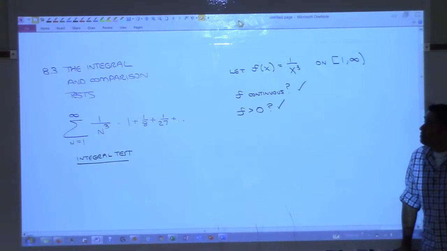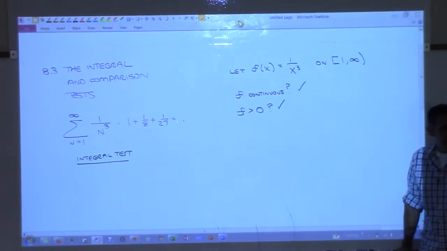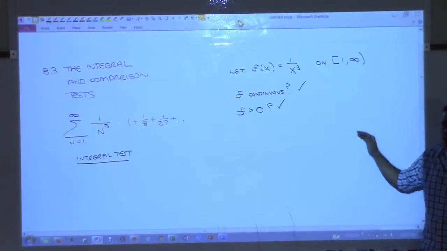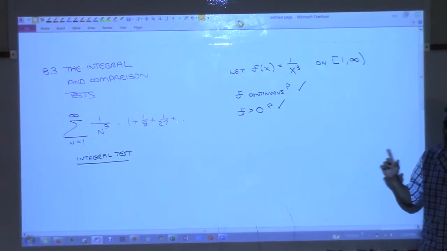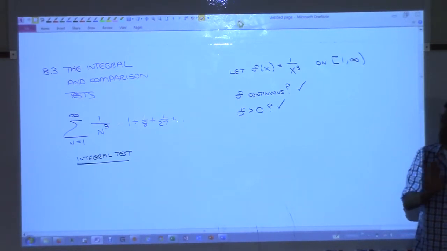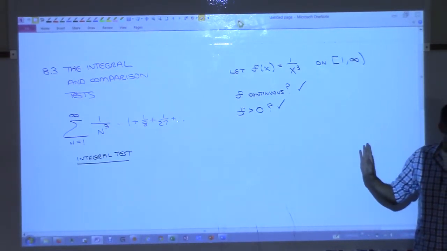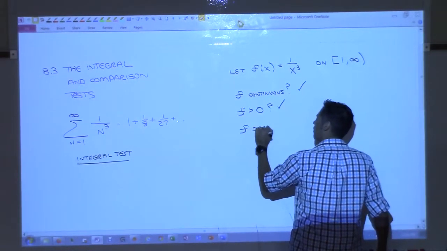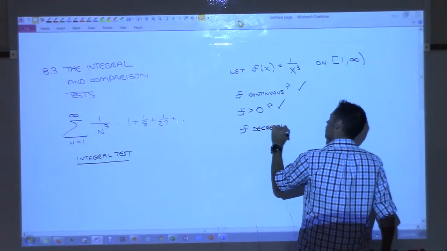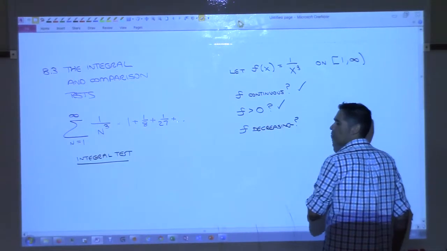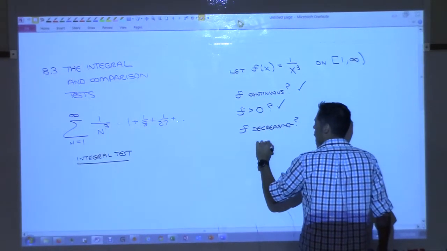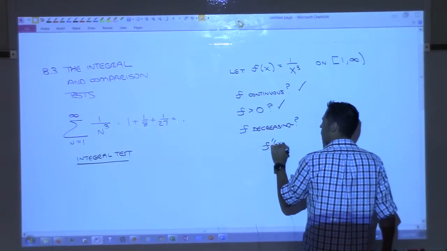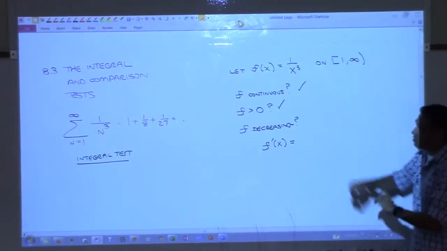Unfortunately, there are some functions that don't behave like that, though. They'll get bigger initially, and then they'll start getting smaller or something like that. So here's the way we can show it's decreasing. Ready? Here's how we show it. So is f decreasing? Well, here's what I'm going to do. I'm going to take a look at its derivative real quick. What's the derivative of that function?